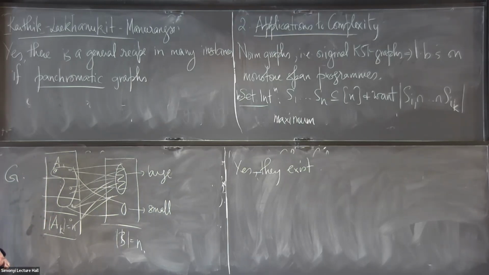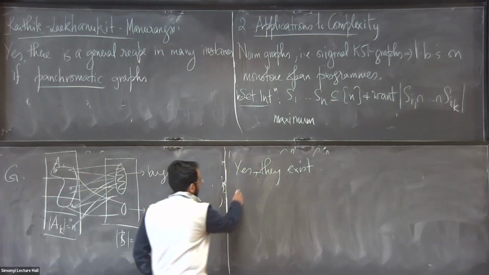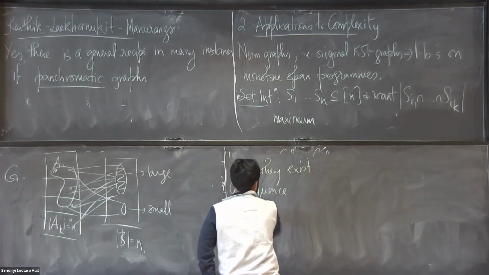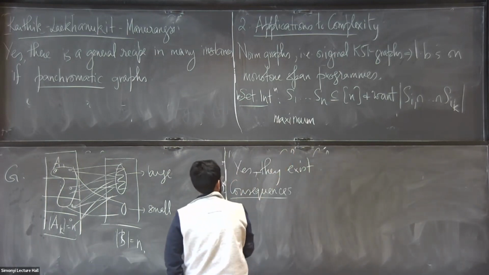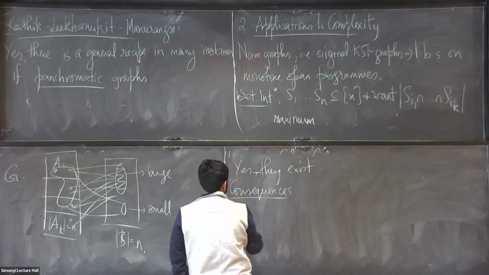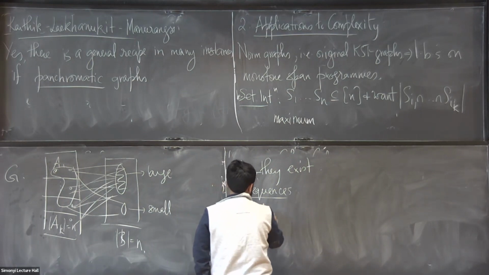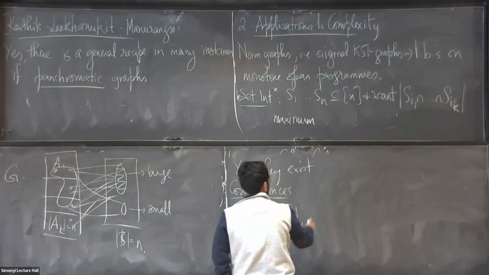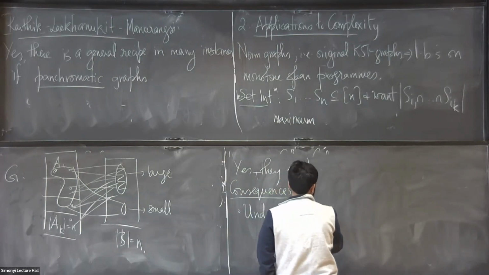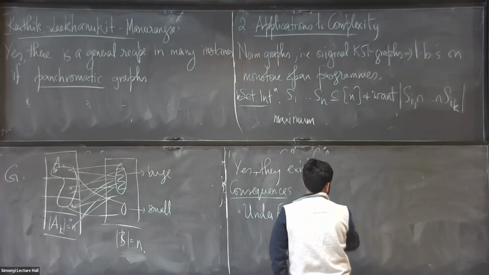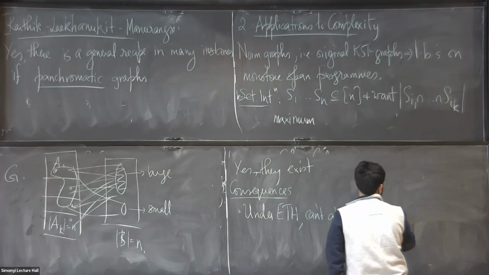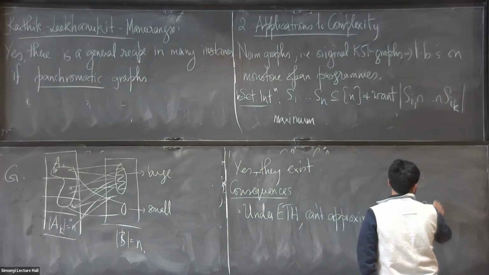Okay. So I'll start by mentioning some consequences for this k-set intersection problem. Under strong hypotheses, admittedly, ETH, you can't do any approximation in n to the omega of k time.